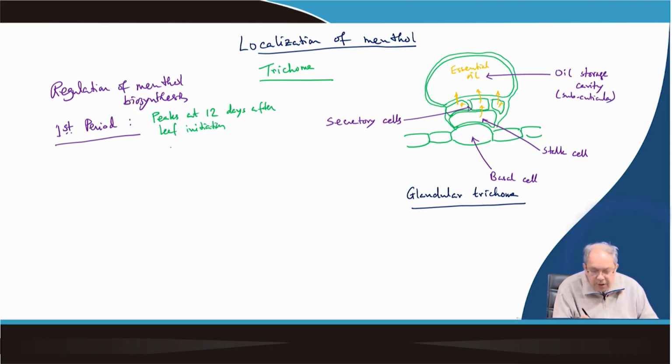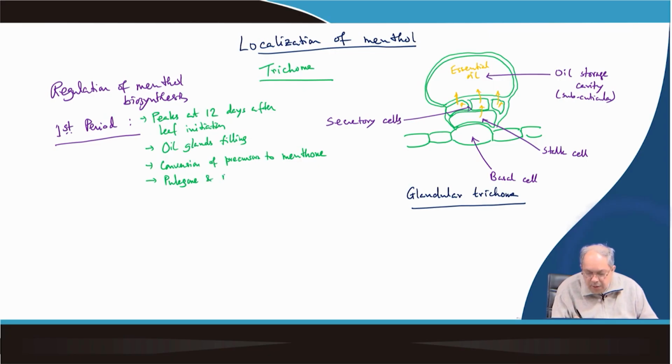So, what you will find at this stage is oil glands filling with the essential oil and conversion of precursors to menthol, and also pulegone and menthofuran are detected.